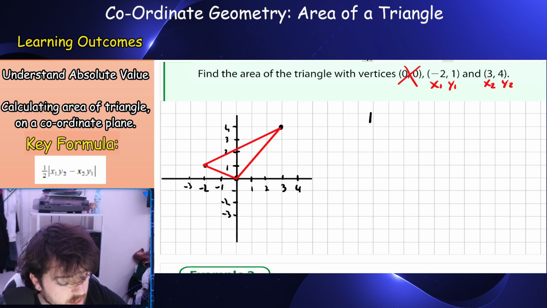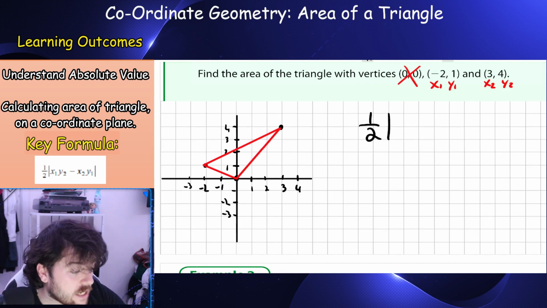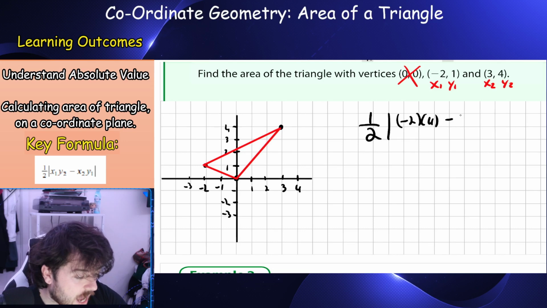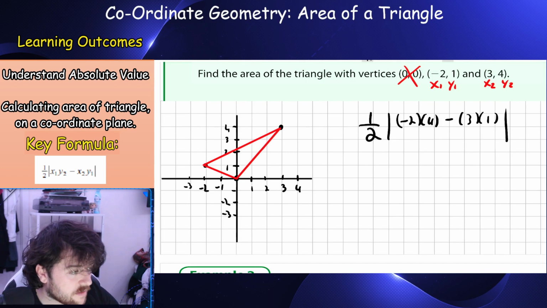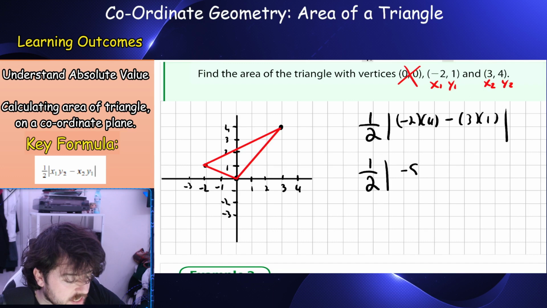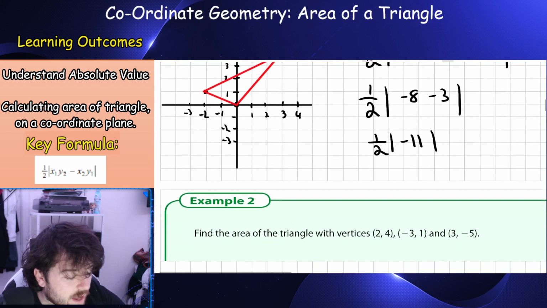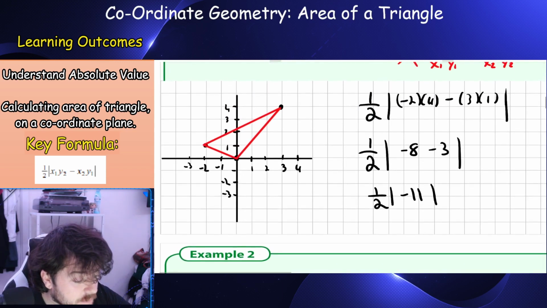Then my formula is a half times the absolute value of x1 times y2, so minus 2 times 4, minus x2, which is 3, times y1, which is 1, and close my absolute value. So I have a half times the absolute value of minus 8 minus 3, which is minus 11.